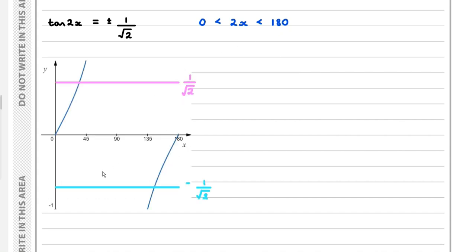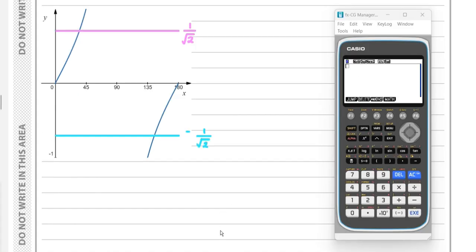Now here we have the graph of tan x and y equals 1 over root 2 and y equals negative 1 over root 2. We can use this graph to help us solve the equation tan 2x equals plus minus 1 over root 2. So let's find out what the values of 2x are.